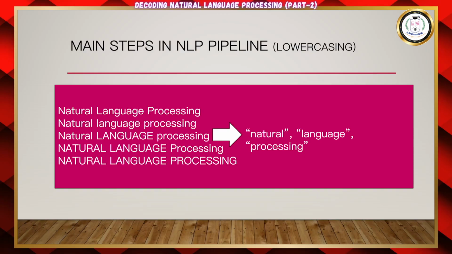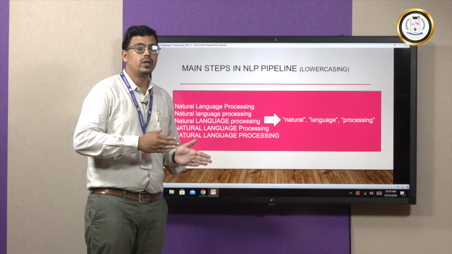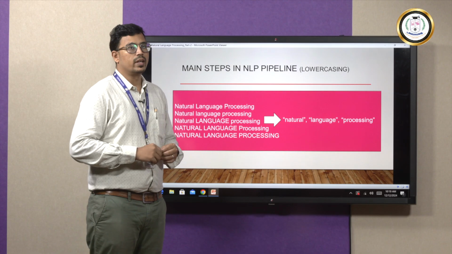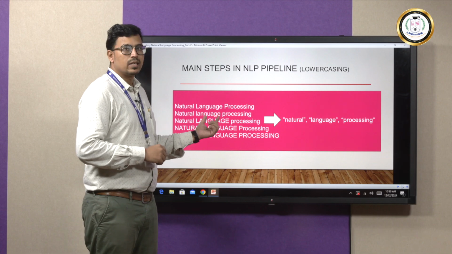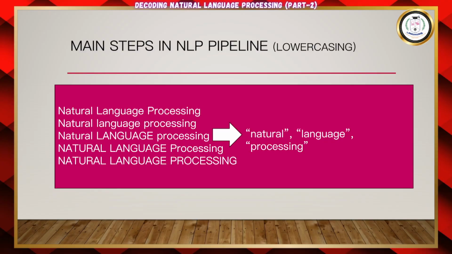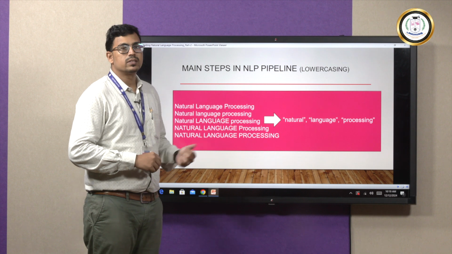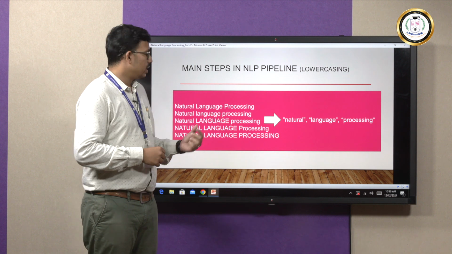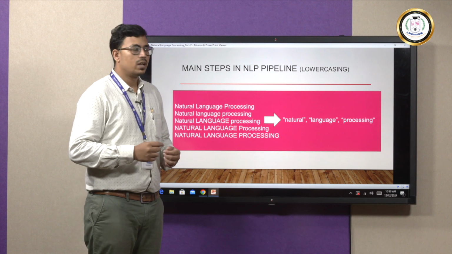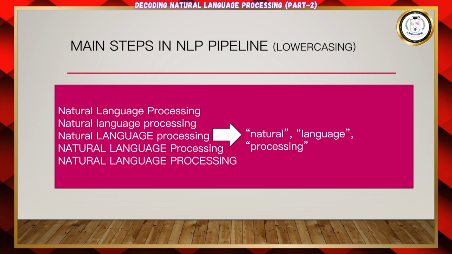The next step is lowercasing. Whatever the case of the input data, it will be changed to lowercase. In this example, "natural language processing", in the first sentence the L in language is capital, in the second the L is small, whereas in the third all letters of language are capital.